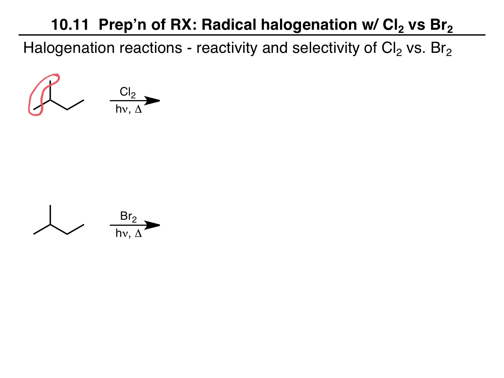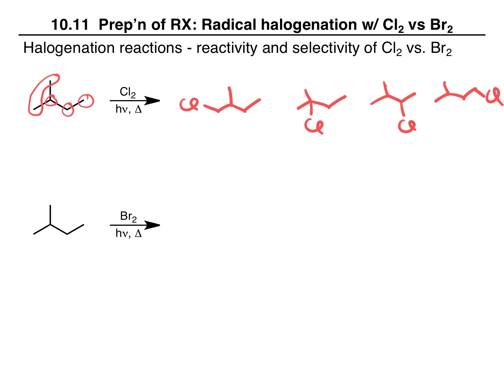Those are the same as each other, but it's a different radical here, a different radical here, and a different radical here. So this gives us 4 possible products. So we can get some of this, we can get some of this, we can get some of this, and we can get some of this.